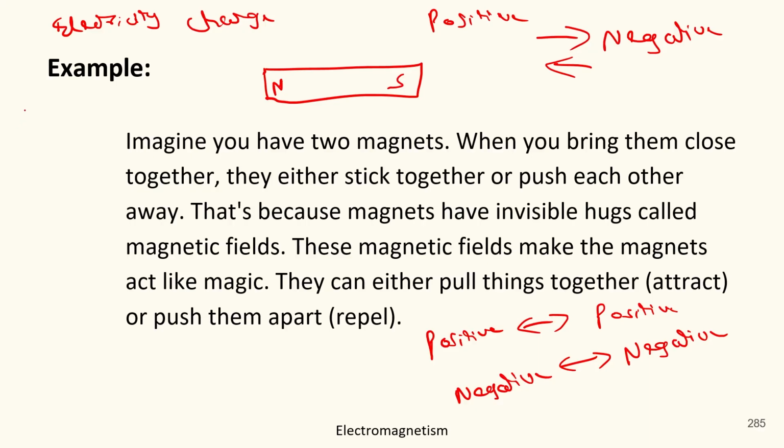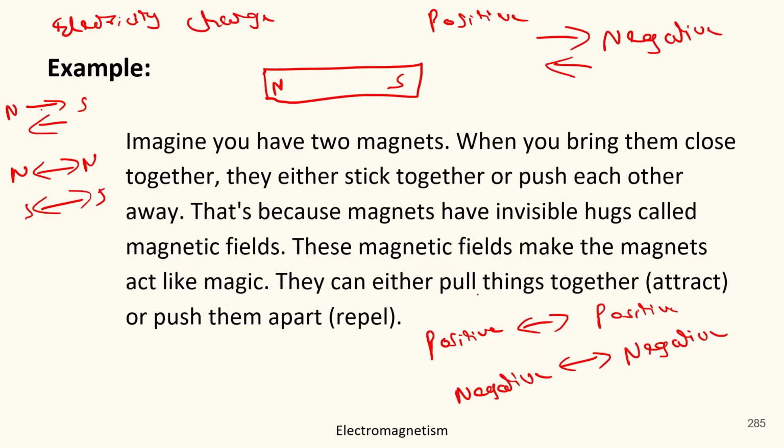So here north will attract south because they are opposite, while north with north or south with south will repel each other. Got it? And this is because of the north and south terminals, which have the invisible hooks called magnetic fields.